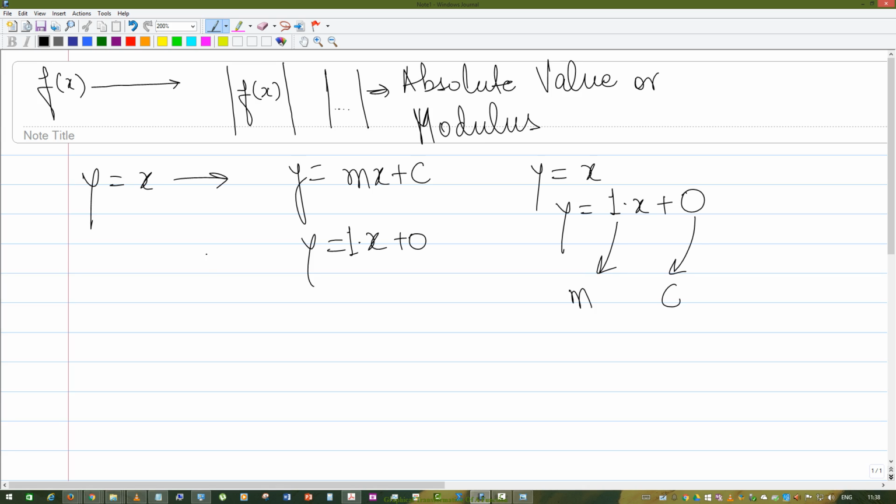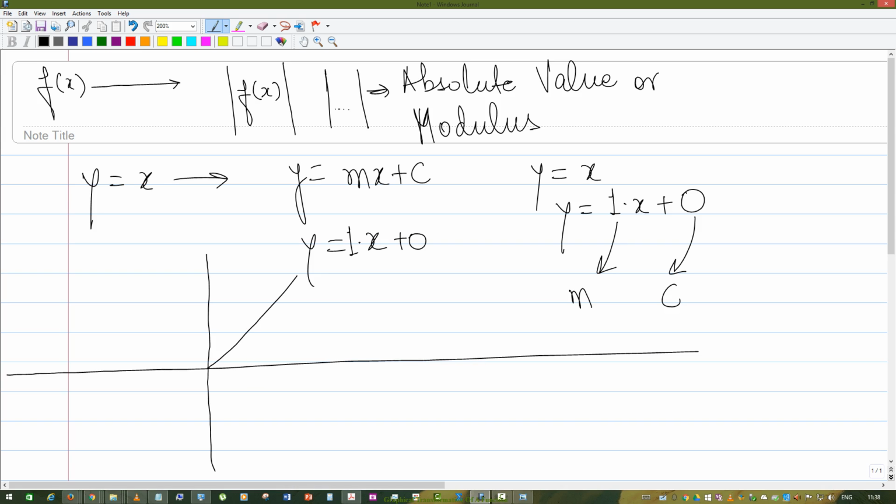So we know from our understanding of the plotting of straight lines that y is equal to x is nothing but a line that passes through the origin, that is (0, 0), and which makes an angle of 45 degrees. Why 45 degrees?